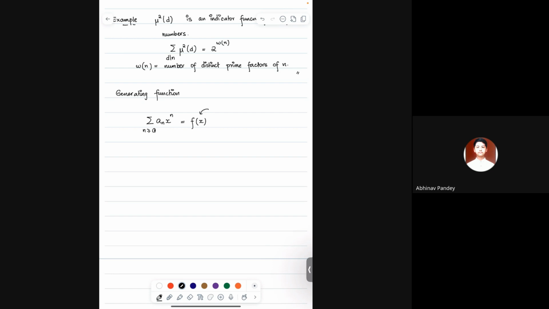So on the left-hand side, I have a formal power series, and on the right-hand side, I have an honest function. This will be called a generating function for the sequence a0, a1, and so on.